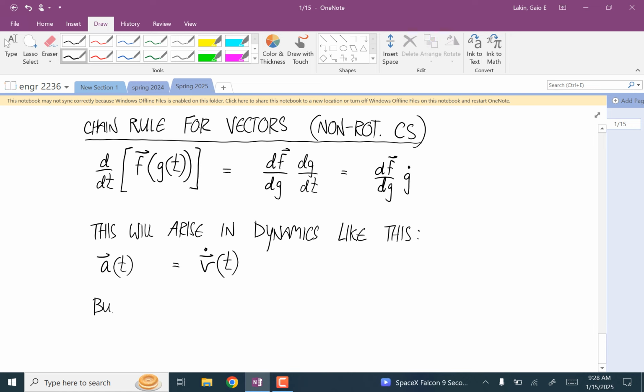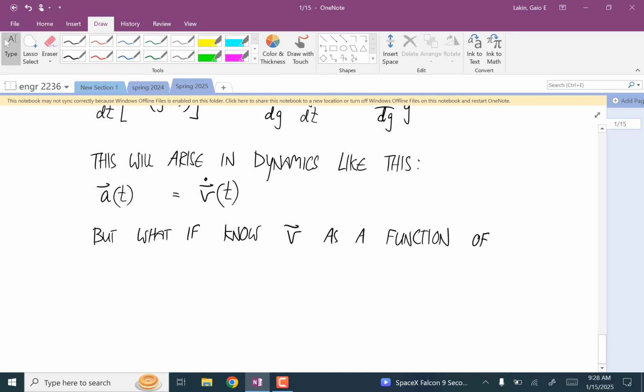But what if you know the velocity as a function of a position variable, not as a function of time? Okay, rather than as a function of time.